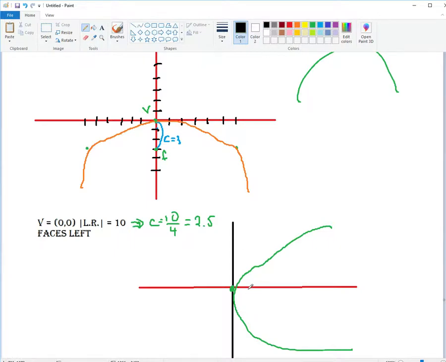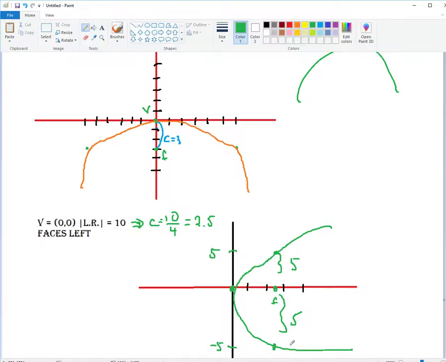So 2.5 over, 1, 2, 3, 4, at 2.5 is going to be my focal point. And then a length of 10 means that up here and down here is going to be a distance of 5 and 5, which means this is 5 up here and this is negative 5 down here.